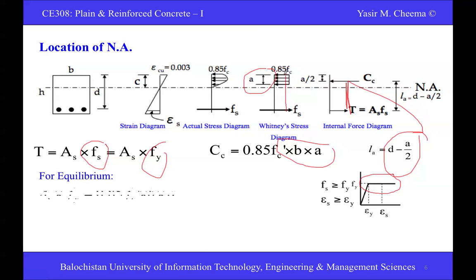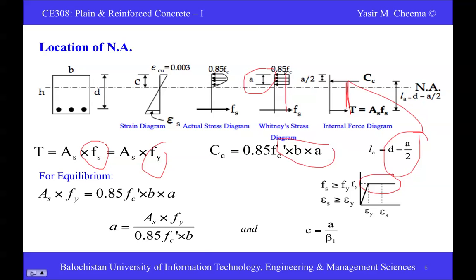Further, for equilibrium condition, we say both forces are equal here. From here, you can find the value of A again. And of course, C would be equal to A over beta 1. The same relation, A is equal to beta 1 C. Equation just rephrased. Just keep this slide in mind, because next we have to use this slide again. Just keep it in mind, this diagram, what we do here.